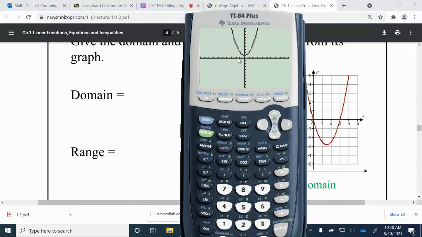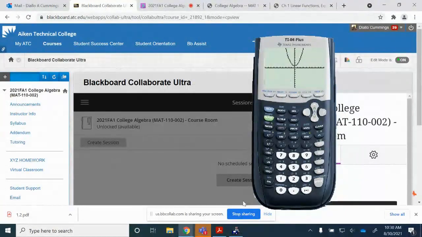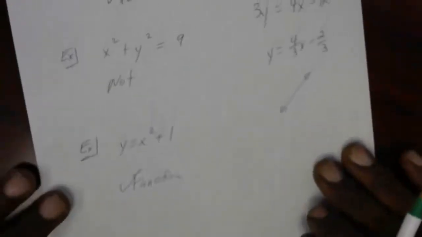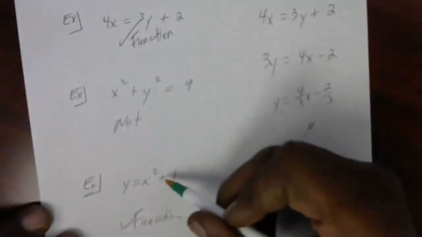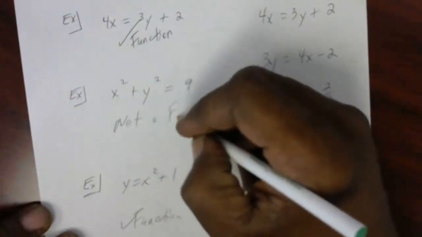So y equal to x squared plus 1 is a function.